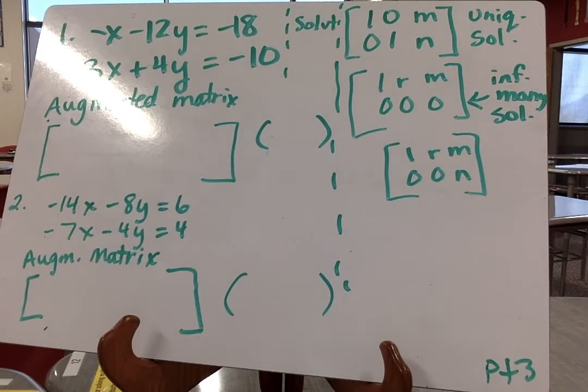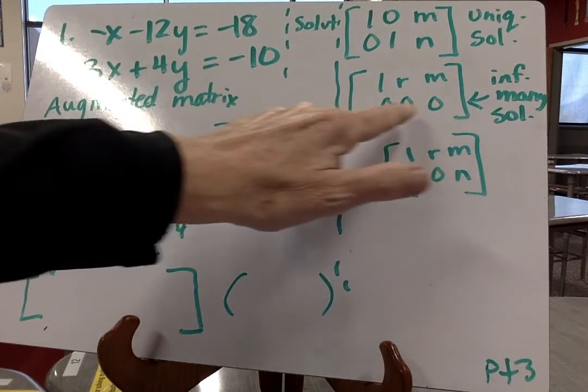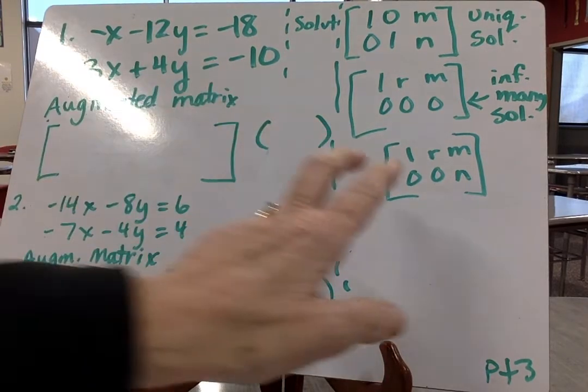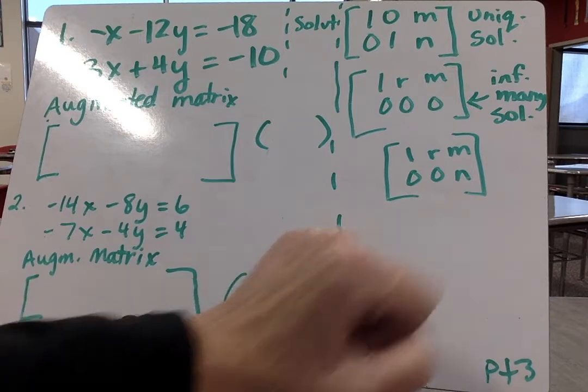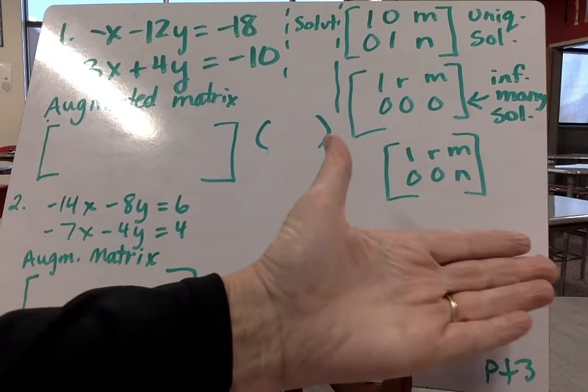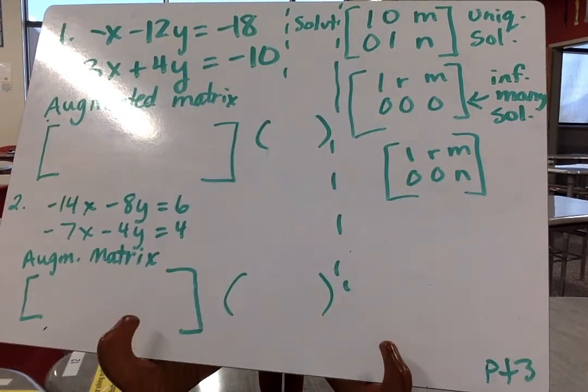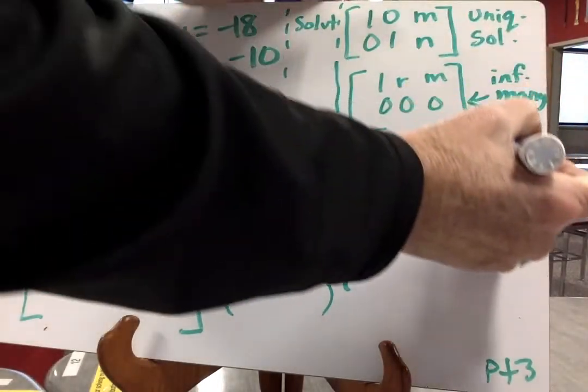If you end up with a reduced augmented matrix that is all zeros, you know your solution is infinitely many solutions. Now, if you end up with 2 zeros and a number here, remember that's like saying 0 equals some other number. It doesn't matter what the number is, but if you have 0, 0, and a number there, then it's going to be no solution, and I forgot to write that there. So we can just put empty set right here.